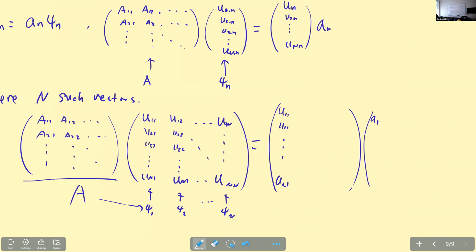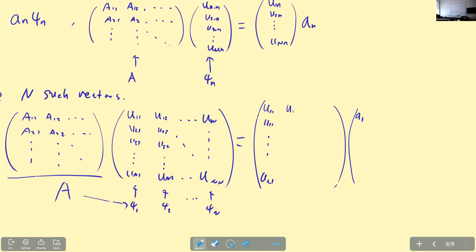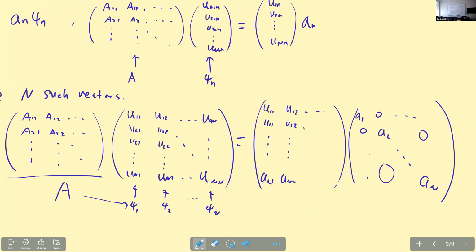Okay. So, and then the second one is U12, U22, Un2, and then times a2. So it can be written in this form. So you can check: A times the first column equals a1 times this column, and a2 times this column.